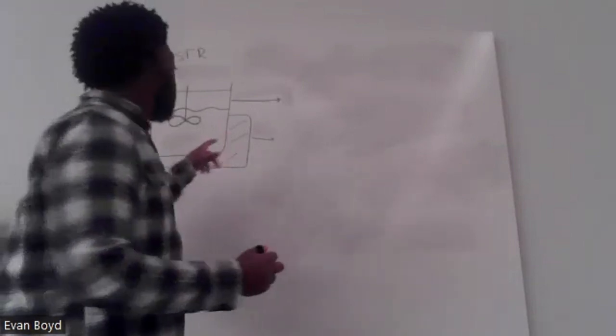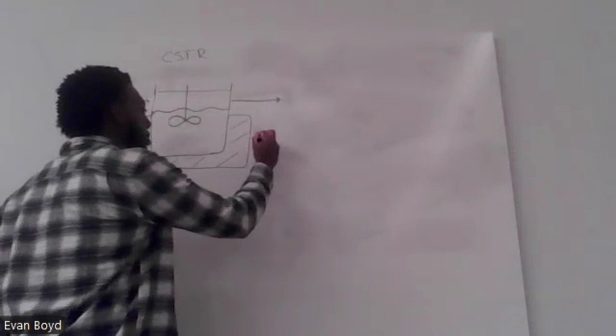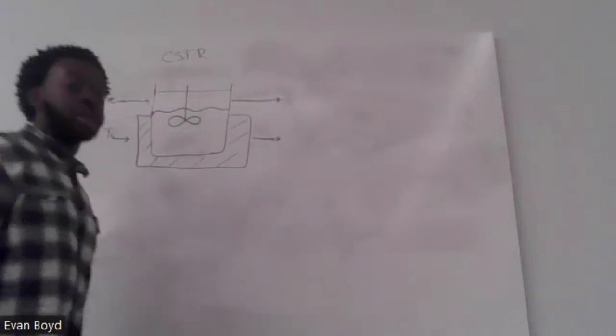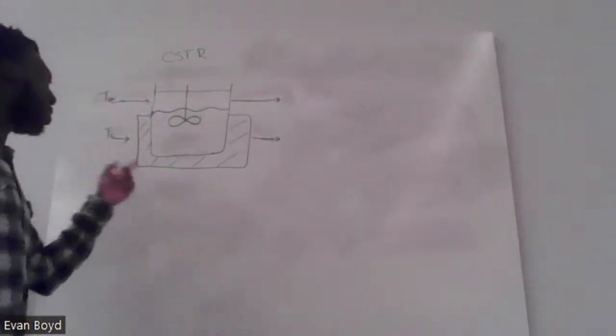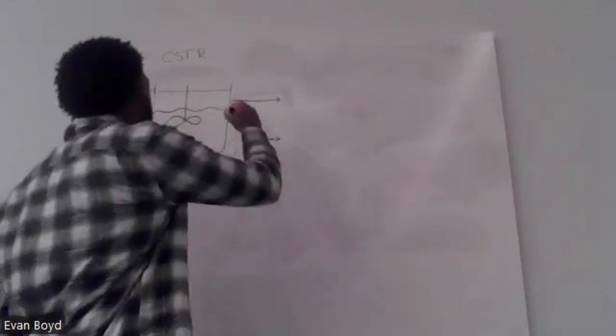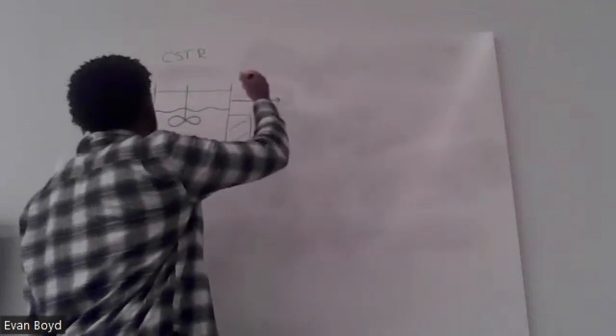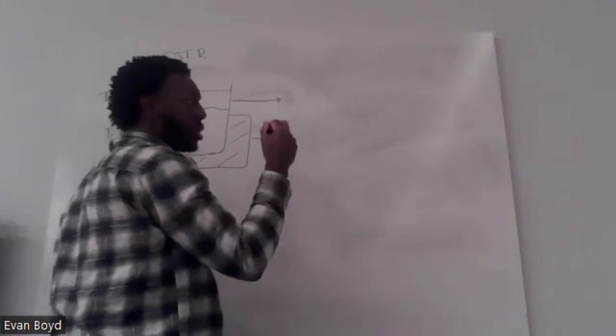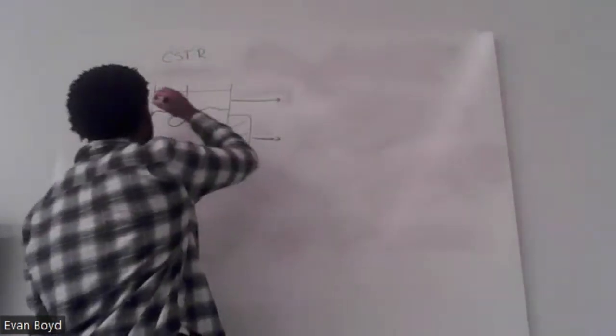Once it starts reacting, the chemical reacts with the constant stirring and the coolant, and it produces a species for the product, with a mixture of the components.